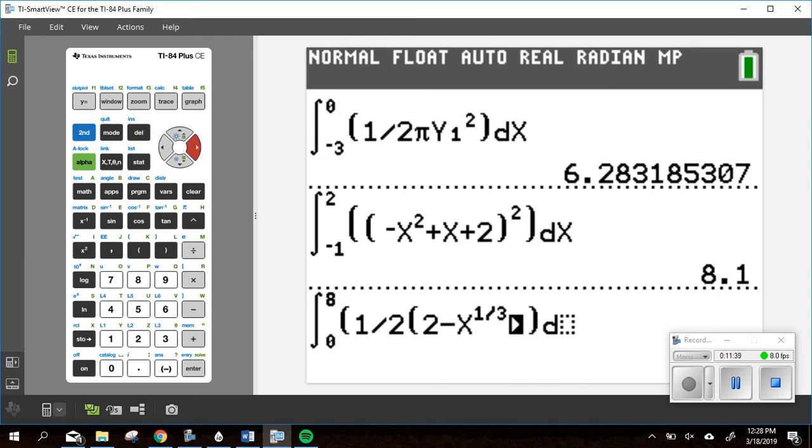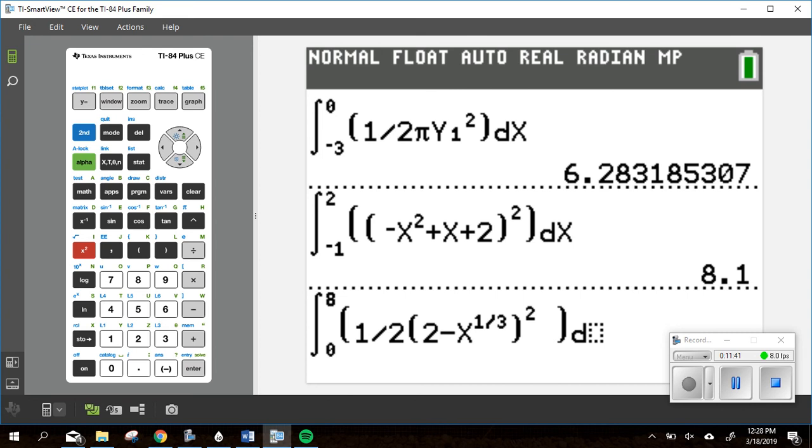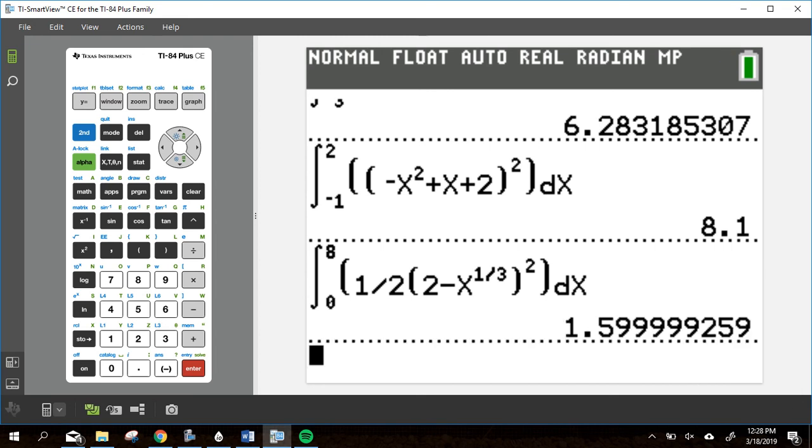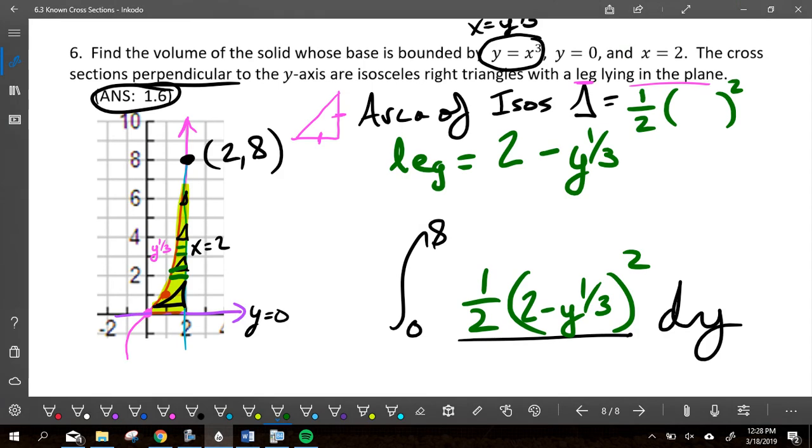Don't forget to square it. I want all of that squared because it's leg squared. And then dx, when I type that in and I hit enter, I get the right answer, which is 1.59999, or in other words, 1.6, which is what we knew the answer was going to be.